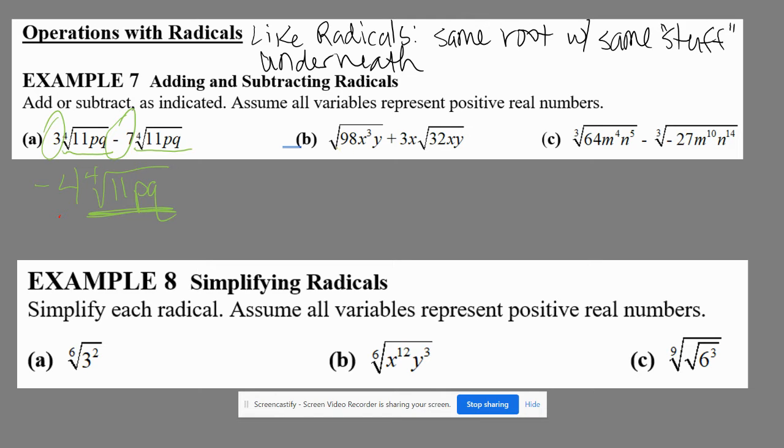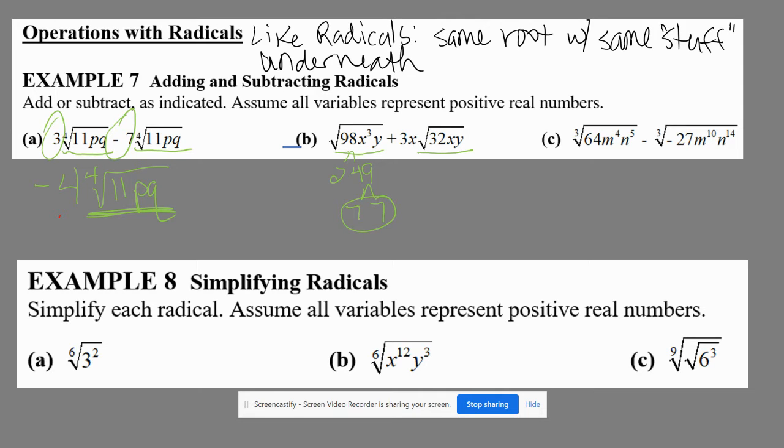Letter B. Well, we have a square root of 98x cubed y and a square root of 32xy. Those are not the same. So in order to be able to do anything with this, I've got to try to simplify those radicals. Well, 98 I know is 2 times 49, and 49 is 7 times 7.